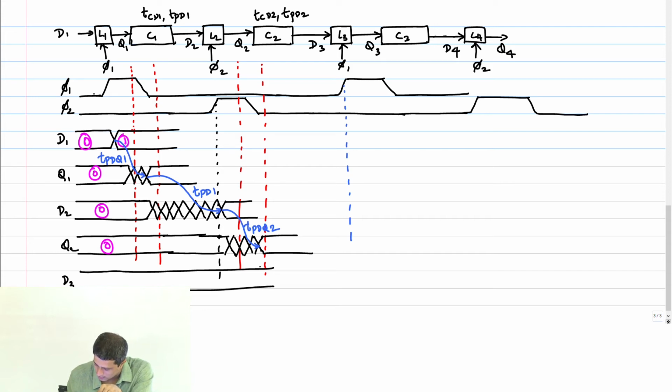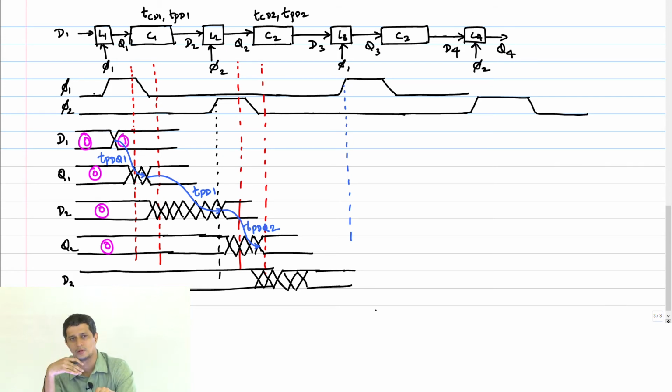And some contamination delay, and then it will settle to its proper state, right? Now, since I am assuming that this data change is happening before the rising edge of phi 1 itself, there is no setup time problem. It can happen just at that clock edge and it will still go through properly. Because the setup time really is for the next gap, right? So there's no issue there. So don't worry about that, okay?